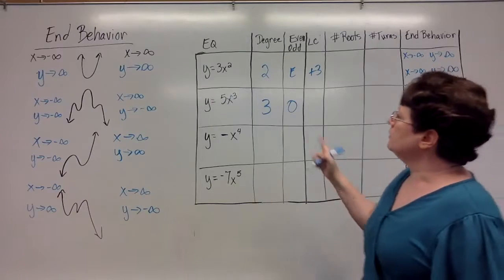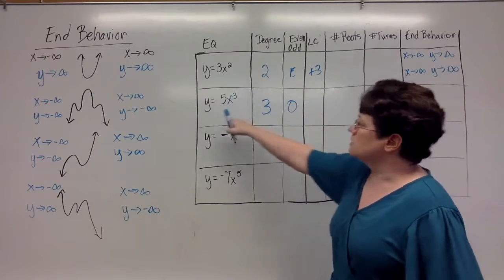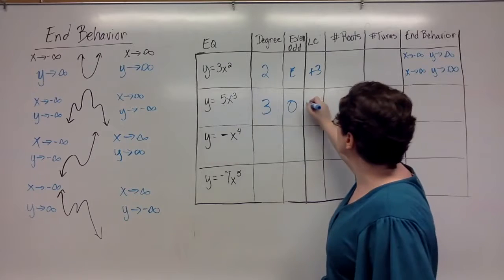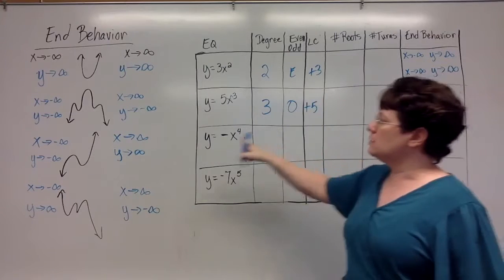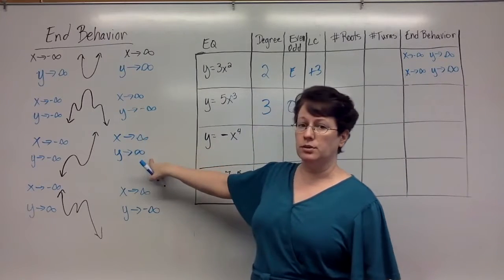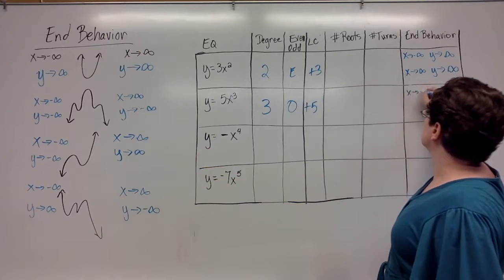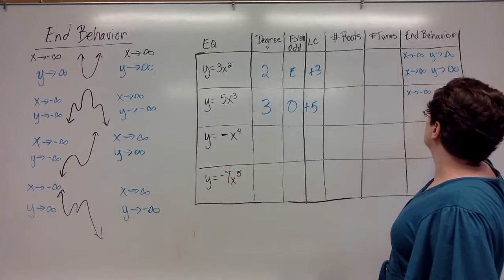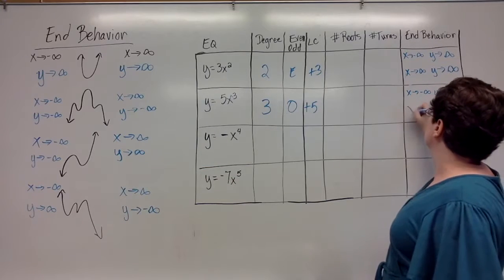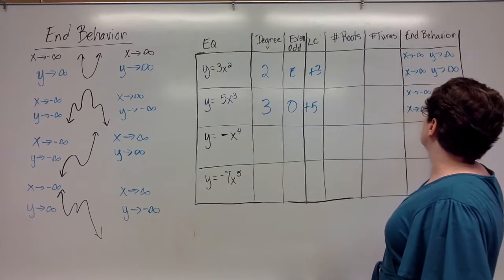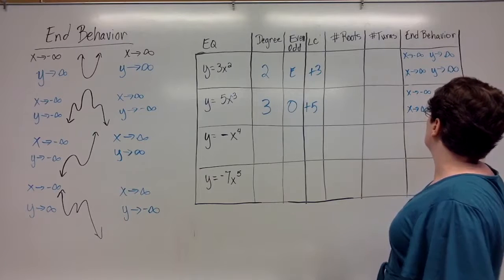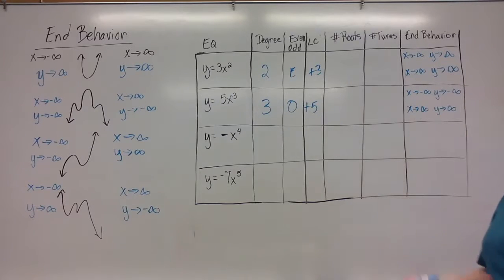Now, if the lead coefficient is positive, is it positive in our case? It is. Then the positive side is always the one that goes up. Okay? So that means as x goes to negative infinity, y goes down. As x goes to positive infinity, y goes up. So notice I have my opposite directions.